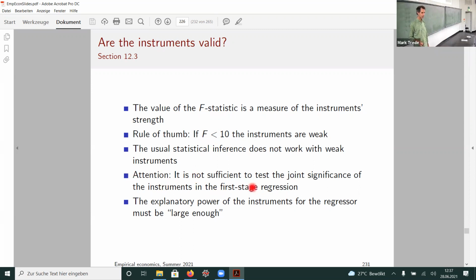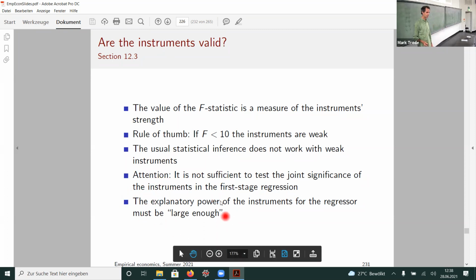So it's not sufficient to test the joint significance of the instruments in the first stage regression. Formally, this is what we do, but we need a stronger criterion than the usual significance because we want to go further. We want to use the results of this regression as input for the next regression. And therefore, we must be, in a way, more sure that the results are reliable. That's the reason why.